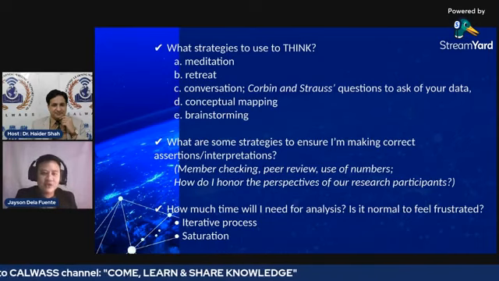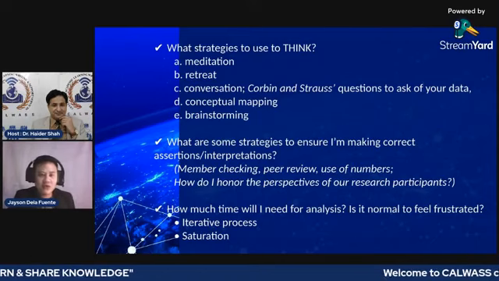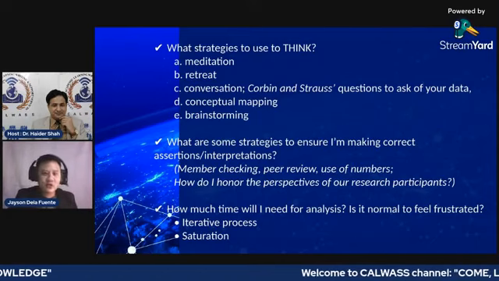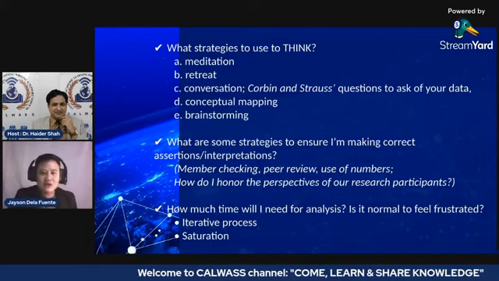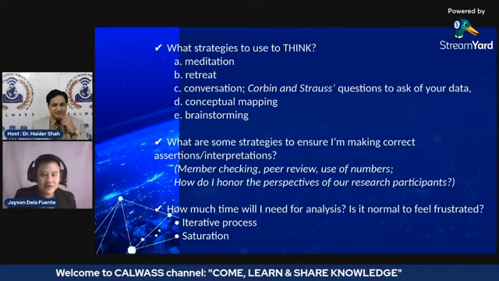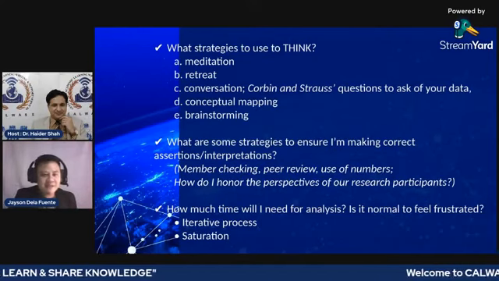Or you may use this technique, peer review. You can share your work with your colleagues, or with your friends who are also researchers. This peer review is actually utilized by different journals.